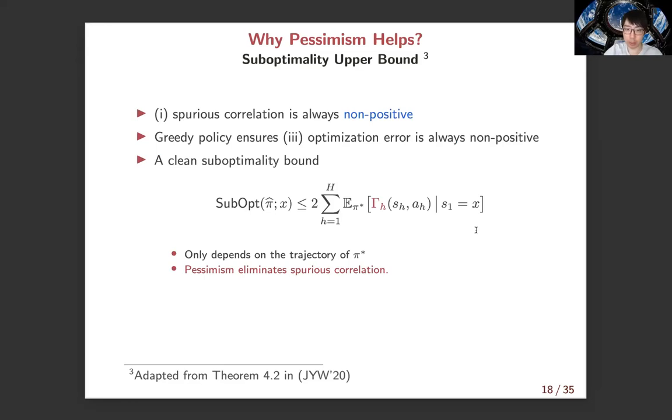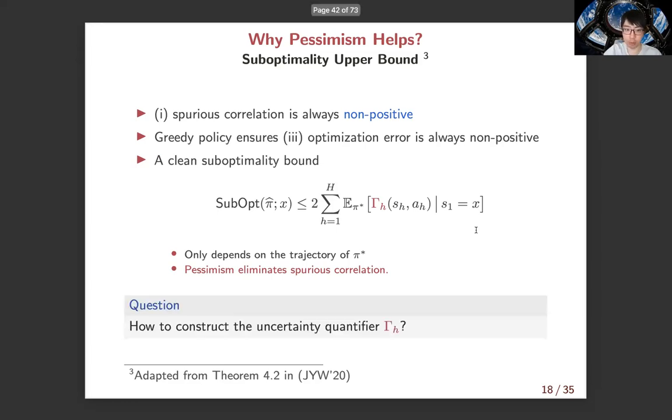In other words, we obtain a quantity that only depends on the optimum policy and the associated uncertainty. In particular, the pessimism procedure eliminates the first term, the spurious correlation. That's why we're able to avoid the bad case in the Gaussian bandit example. Then we'll go into more detail about how to construct this uncertainty quantifier for the linear MDP example.